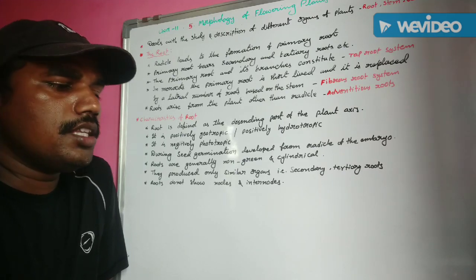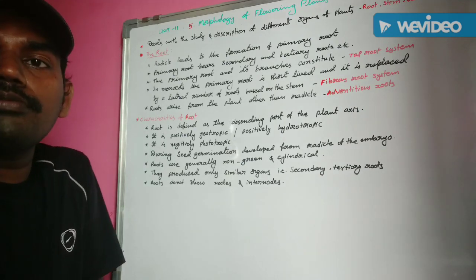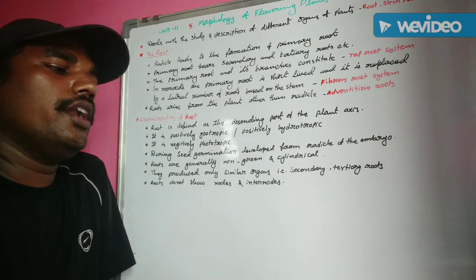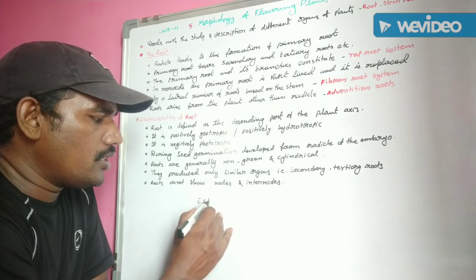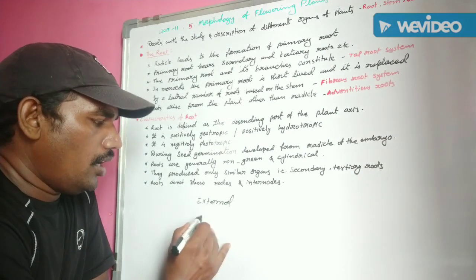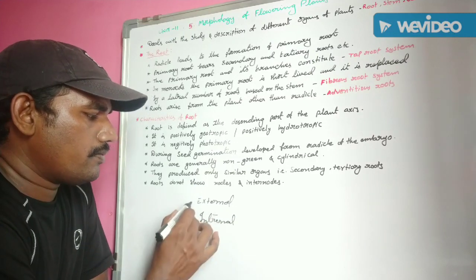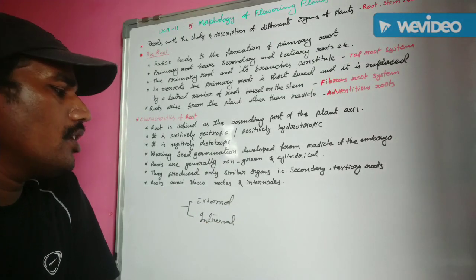It is a basic fundamental aspect of classification of plants, and this morphology is further divided into two categories. This one is external morphology and internal morphology.